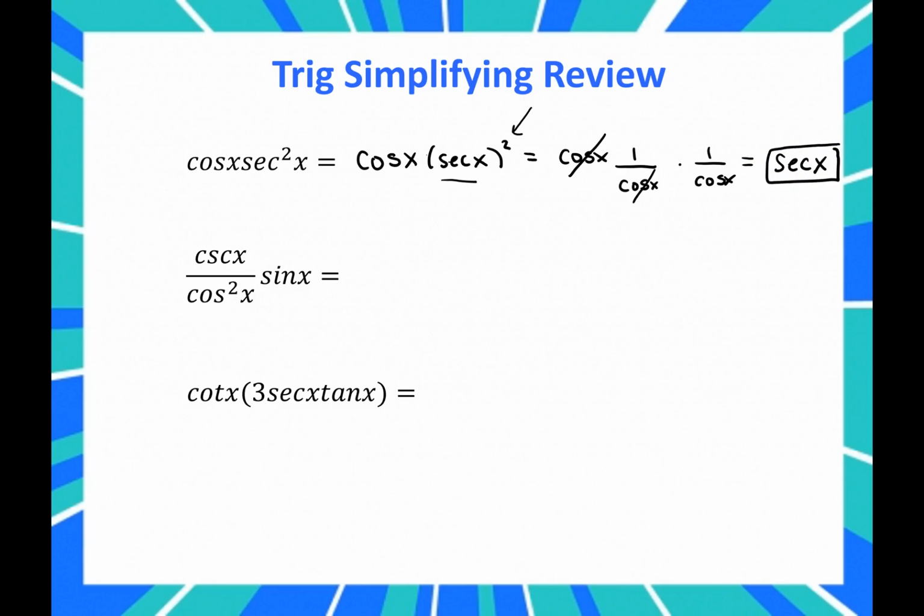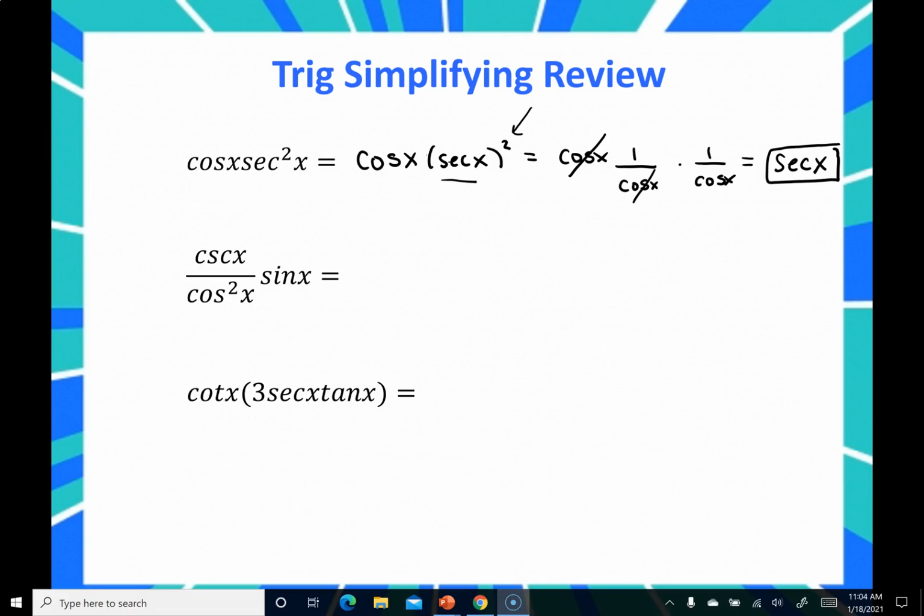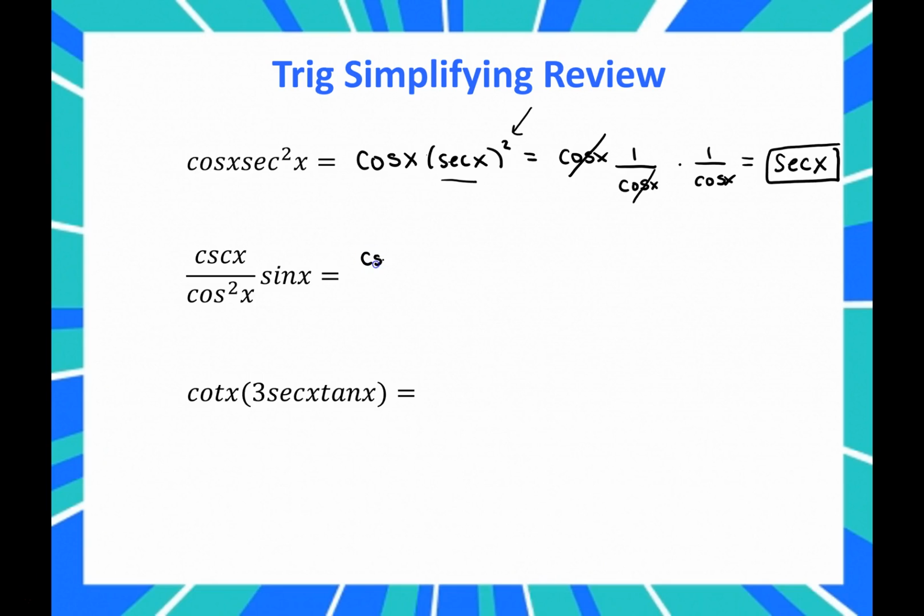All right, this next one, let's simplify this. I'm going to start by writing this as 3 fractions. So this is going to be cosecant x over 1 times 1 over cosine x quantity squared times sine x. Now we need to know what cosecant x is.